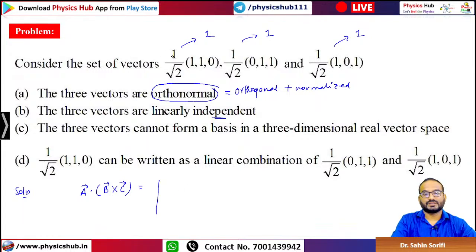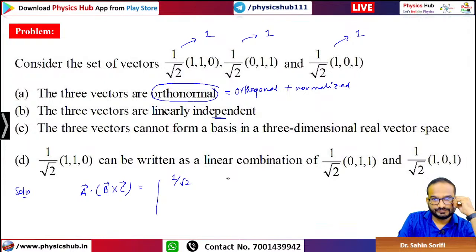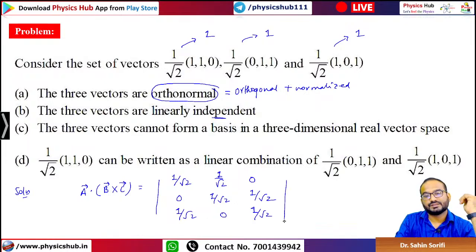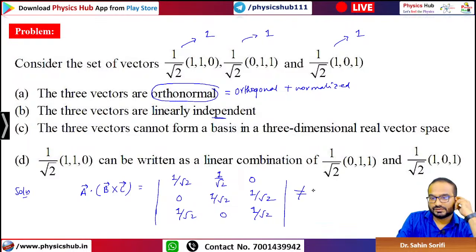If you consider this vector is A, this vector is B, and this vector is C, then you can write it in this way: 1 by root 2, 1 by root 2, 0, 0, 1 by root 2, 1 by root 2, 1 by root 2, 0, 1 by root 2, and if you check this determinant, you will get it not equal to 0.